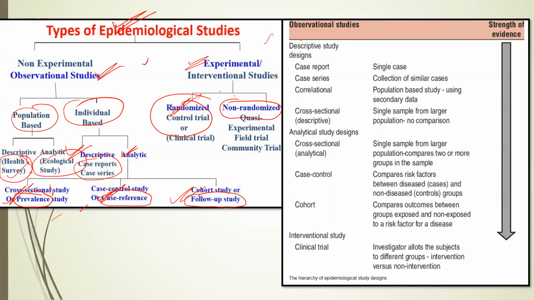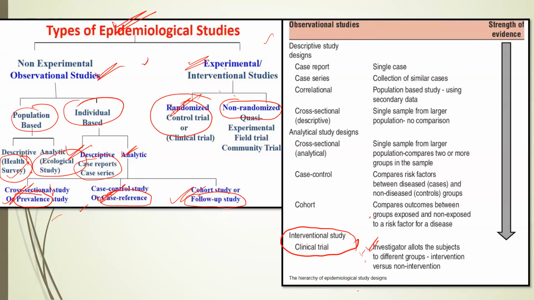Okay, so let's look at the strength of evidence. Remember, the highest strength of evidence is basically given by an interventional study or by a clinical trial. So what is happening in a clinical trial or an RCT is basically it is an investigator who is generally blinded, and even the subjects are blinded.